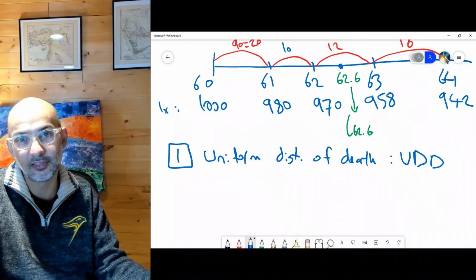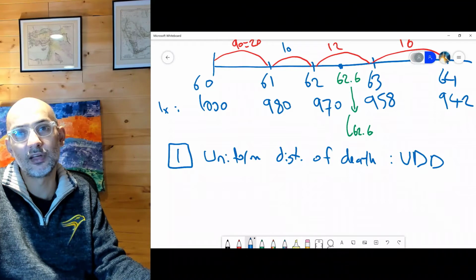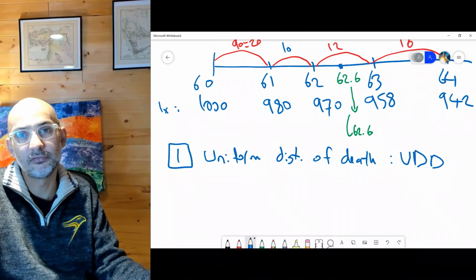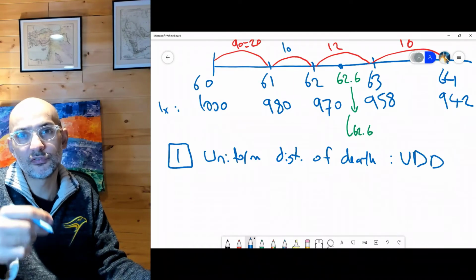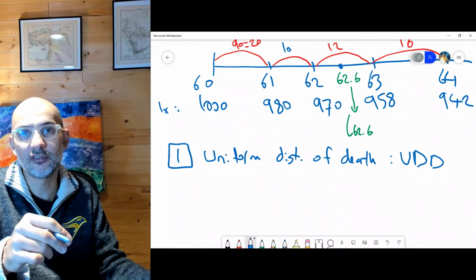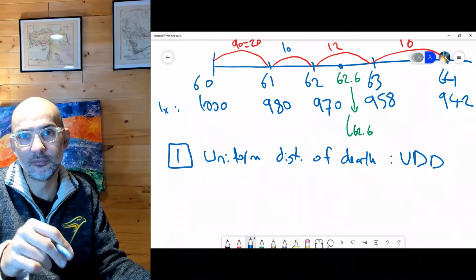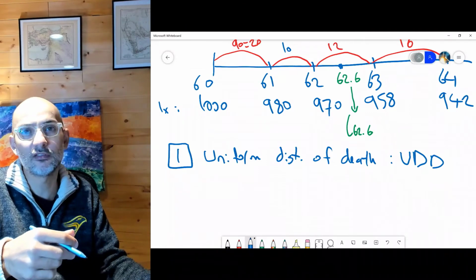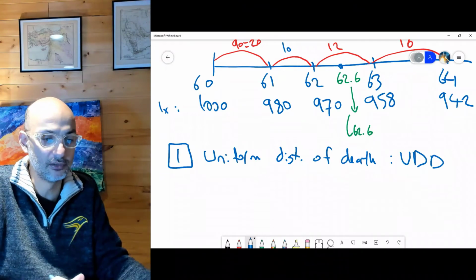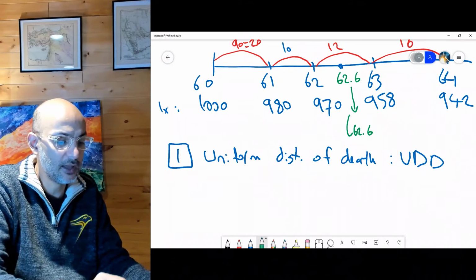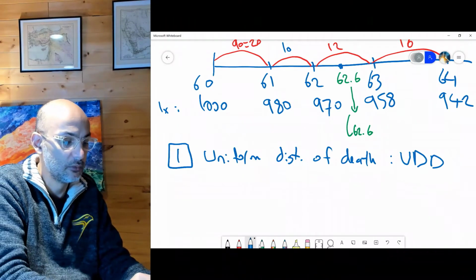That is a different thing. That's the uniform distribution for the life random variable, but this one is an assumption to compute fractional age. So it's not the same uniform. The word uniform tells us that you have the deaths and you distribute them uniformly, equally over the period.